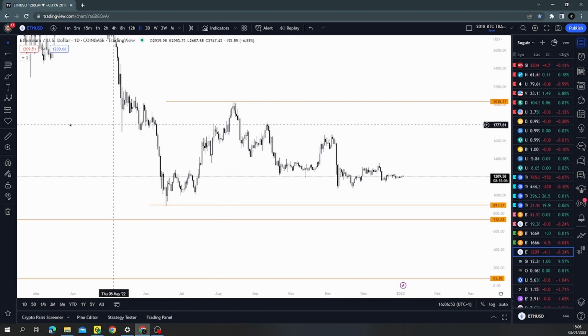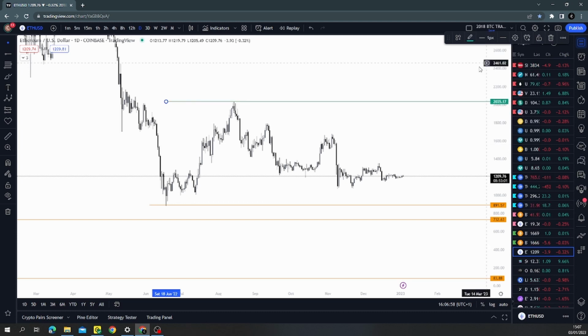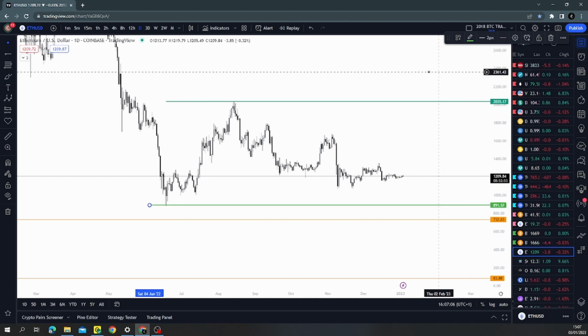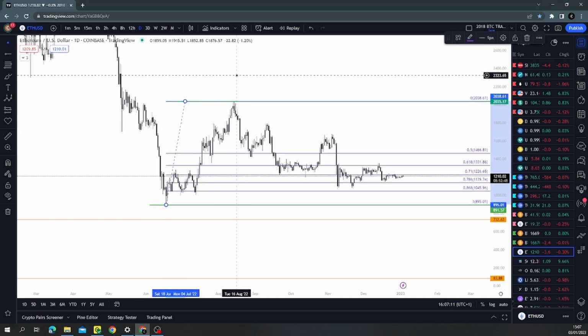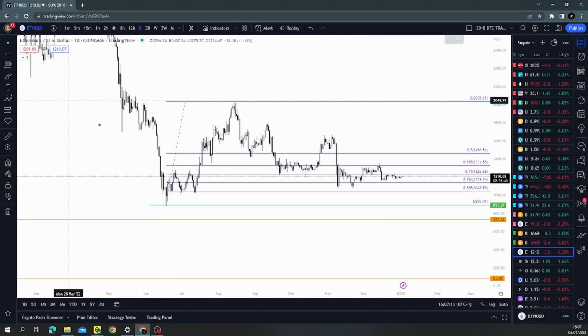We have a range, right? Let me change the color and make it a little bit clearer. Okay, now we mark the middle point to have a reference.